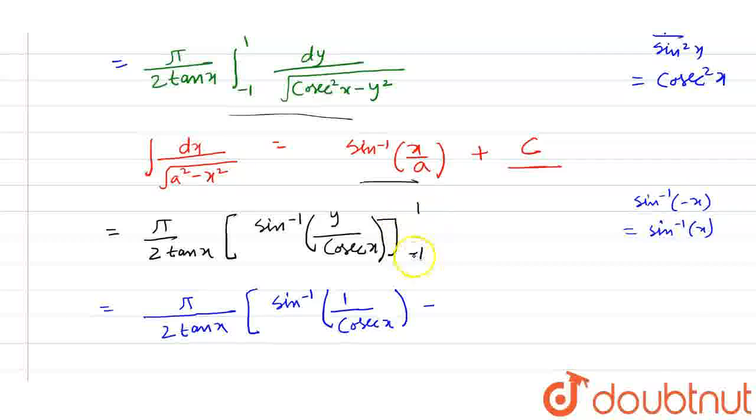So if we put minus 1 here, we get sin inverse of minus 1 upon cosec x, which is equal to minus sin inverse of 1 upon cosec x.